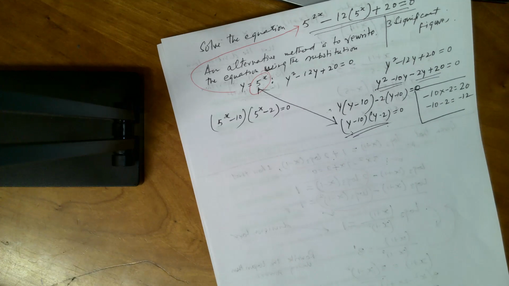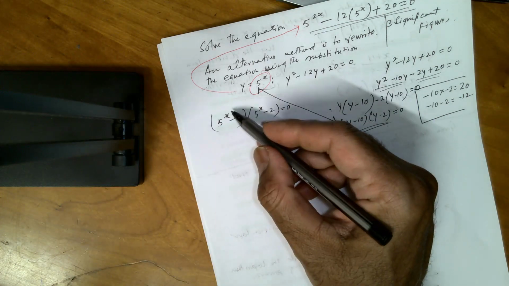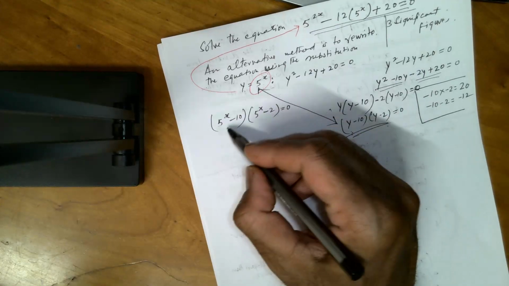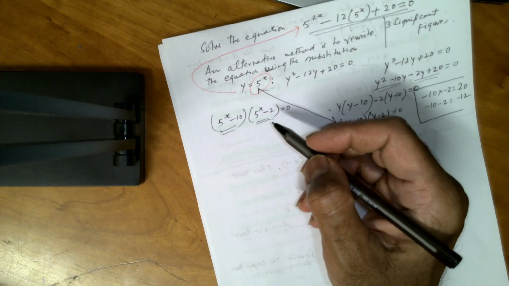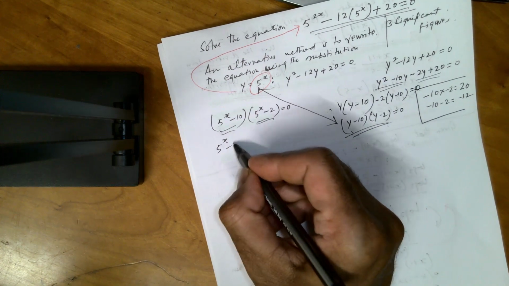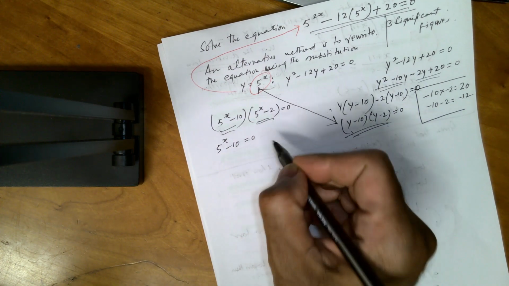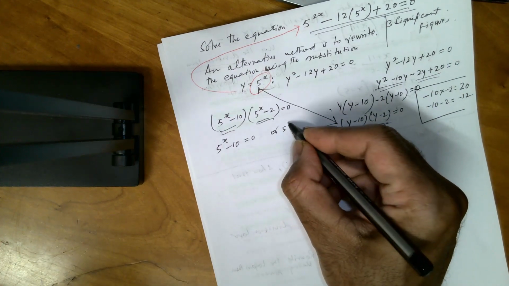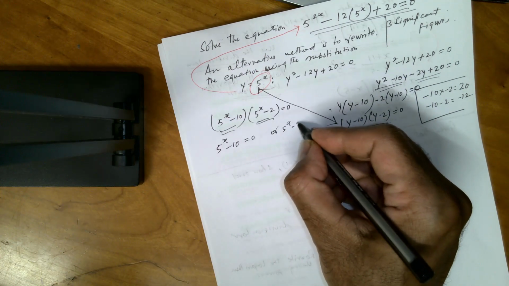All we need to do now is solve the quadratic equation, which gives you two possible values of 5 to the power x. So we'll take them individually. First, 5 to the power x minus 10 equal to 0, or you also have 5 to the power x minus 2 equal to 0.